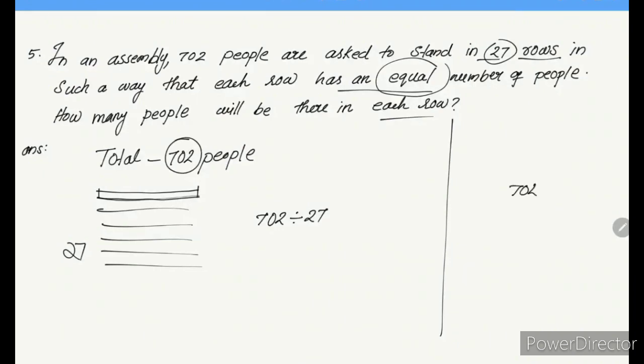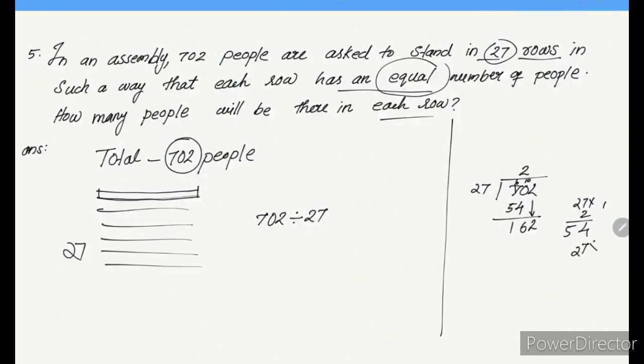So 702 divided by 27. 2 times 27 we will get 54. Then here 0 becomes 10, 10 minus 4, 6. And here 7 becomes 6, 6 minus 5, 1. And we can write this 2 here and 162.